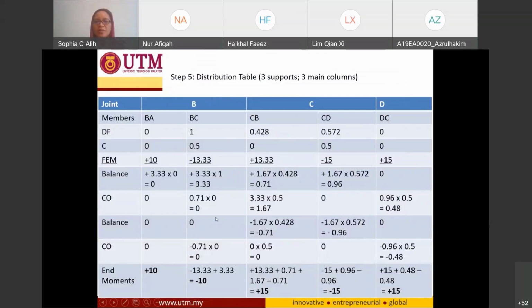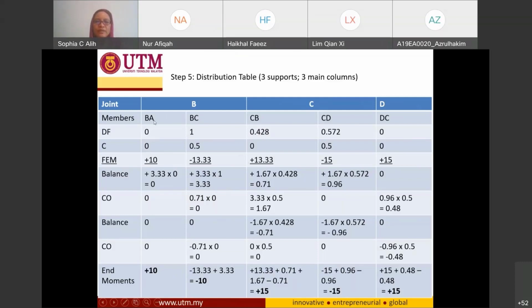Now this distribution table is the main job for your moment distribution method, because everything has to be calculated on your table. But when you see it here, it's going to be too much information for you. We are going to look into it one by one, and you will see that it is also very straightforward.